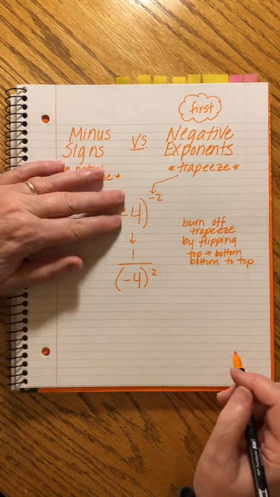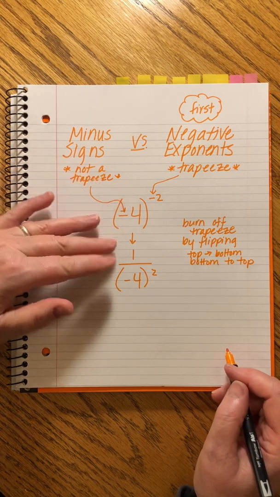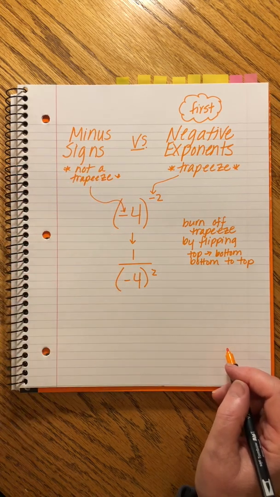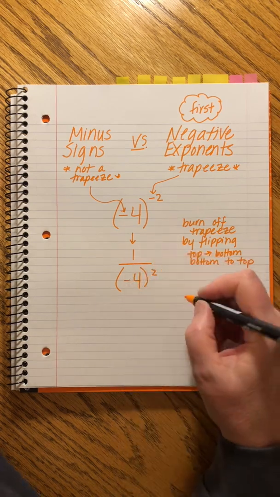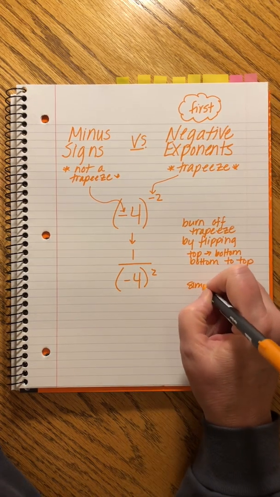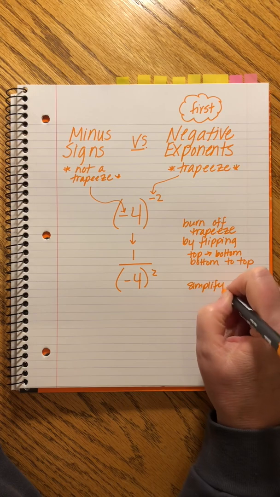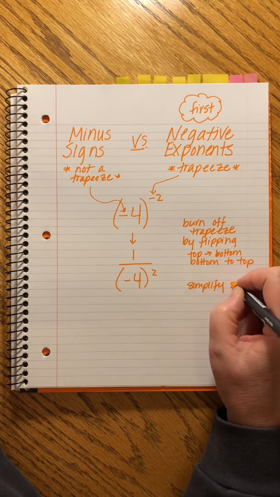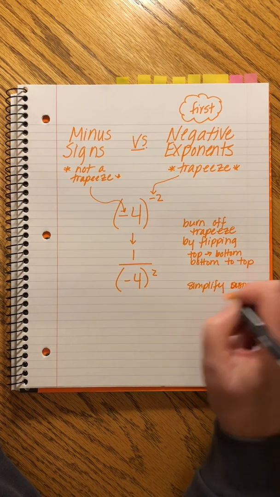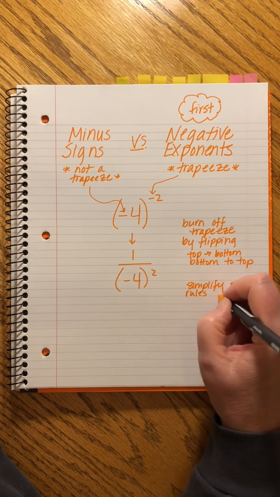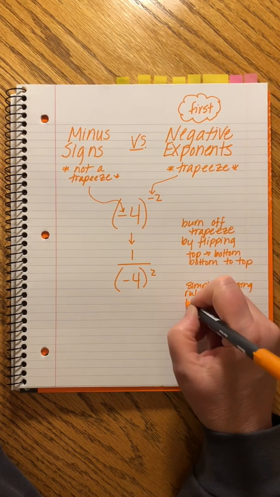Right? Here we have it in the numerator. There was no denominator, so we flip it down. Okay? But we can do it bottom to top. We'll deal with that. Now, we simplify using the rules for minus signs.